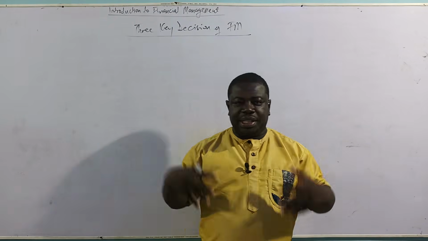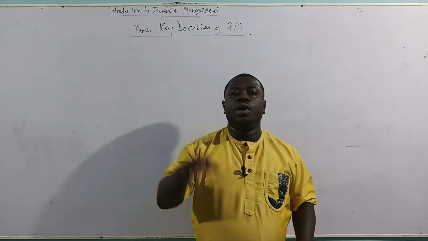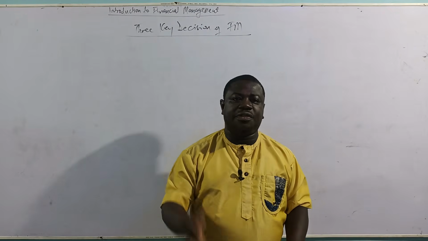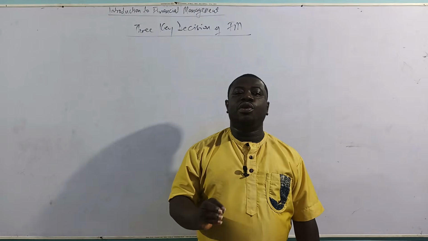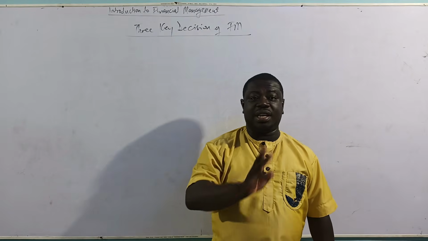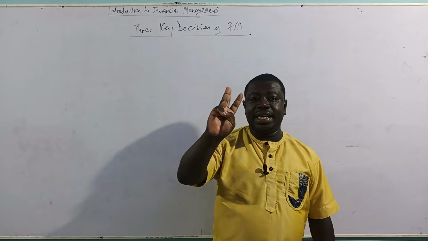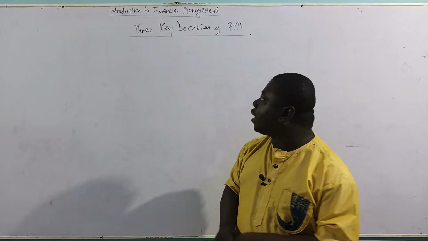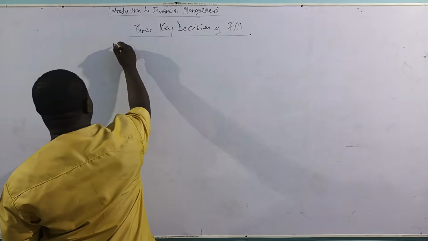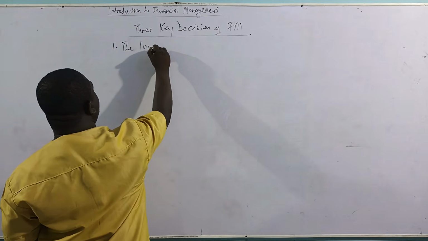So it brings us back to the fact that when it comes to financial management, financial managers are faced with three key decisions to make. That is what we are going to delve deep into as far as this video is concerned. There are three key decisions, and I'm going to list them in a particular order. The first one is the investment decision.